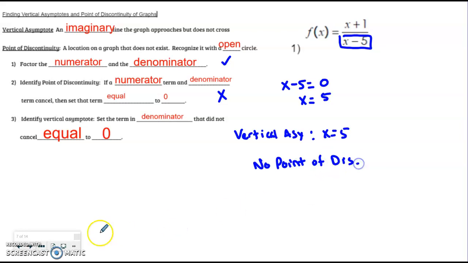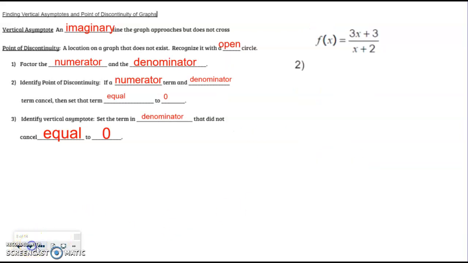Okay. All right, so let's look at this next example. I have 3x plus 3 divided by x plus 2. The first thing we have to do is factor the numerator and denominator. In this case, we can factor the numerator because 3 is the greatest common factor. So I factor out the 3 and have x plus 1 in the numerator, divided by x plus 2. Does anything cancel in the numerator or denominator?